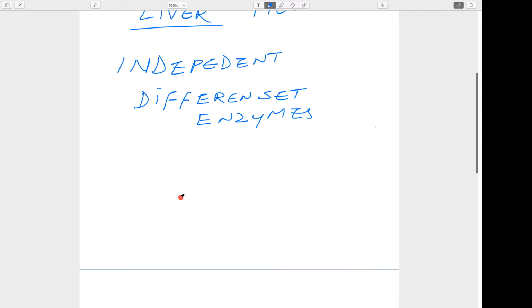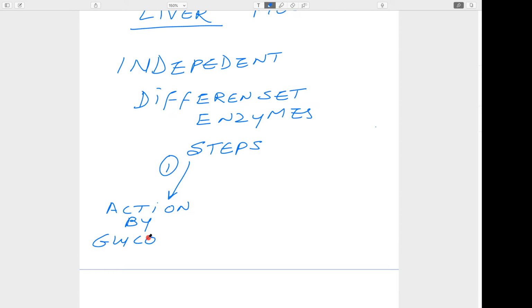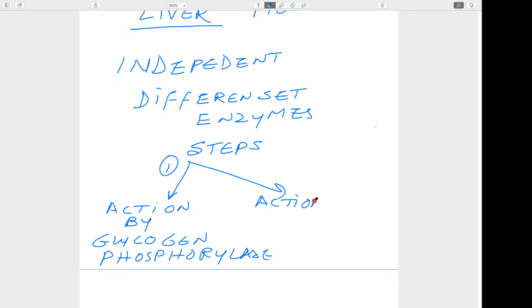What are the major steps involved in glycogen degradation? The first one is action by glycogen phosphorylase, the main enzyme of this pathway. The next one is action by the debranching enzyme, which is the second step.